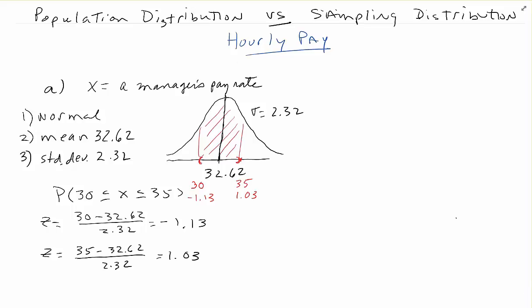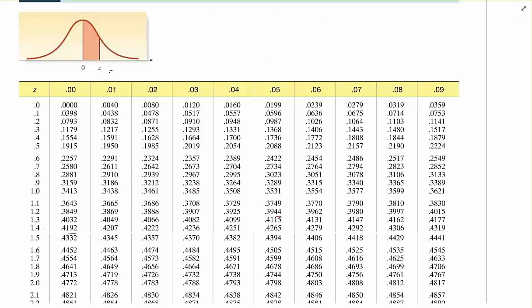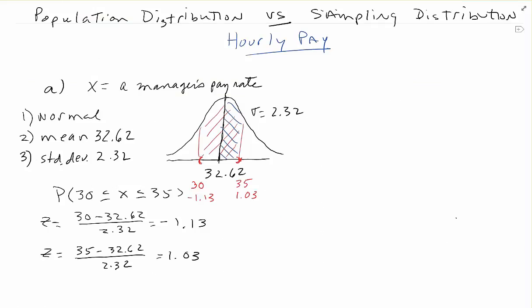First I'll look up the 1.03, and I'll be able to get the area of this side. So I'm down here in row 1 and the column 0.03, 0.3485.